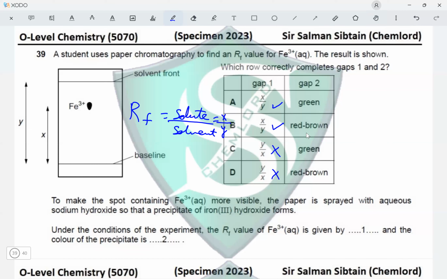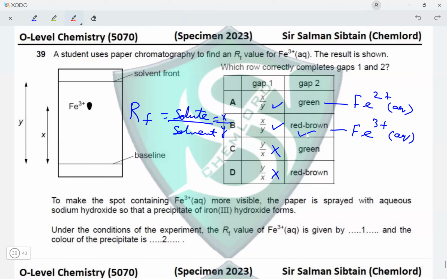And now we have Fe3+ ions. So the color of Fe3+ ions is red brown, whereas color of Fe2+ aqueous ions is green. So we have Fe3+ present here. So the color that would be observed would be red brown. This makes option B the correct option for this question.